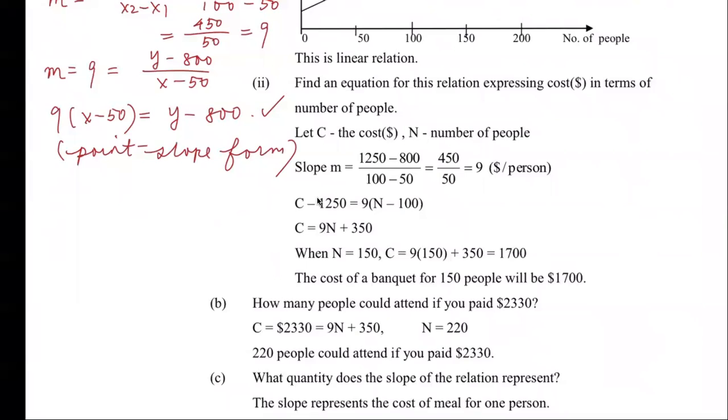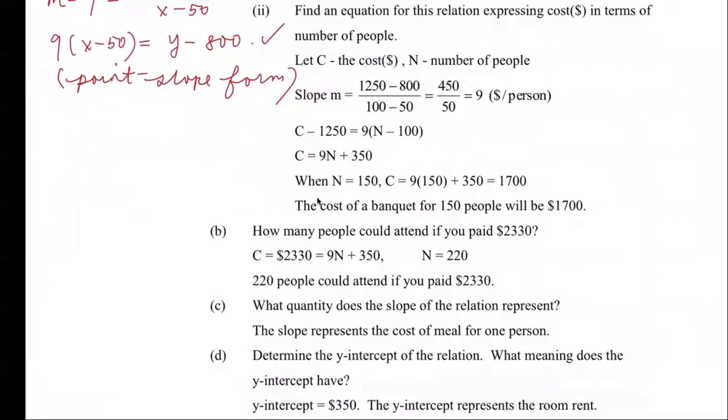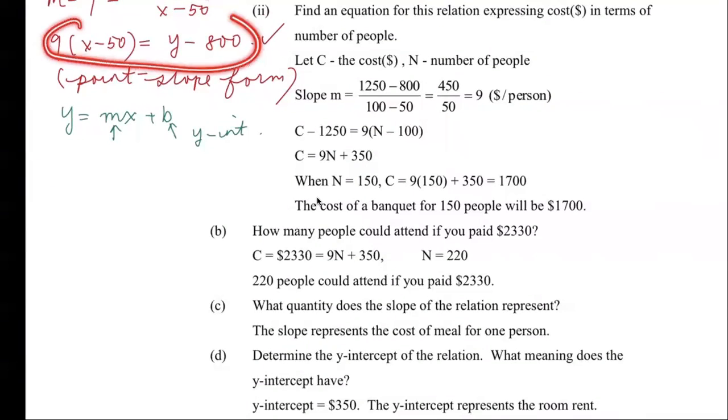Let me remind you, what is slope intercept form? It looks like this: y is equal to mx plus b, where m is the slope and b is the y-intercept. I personally encourage you, if you find the point slope form, to try to convert it to the slope intercept form, because when you do the calculation, when you take different x values, it'll be easier for you to find the y value.